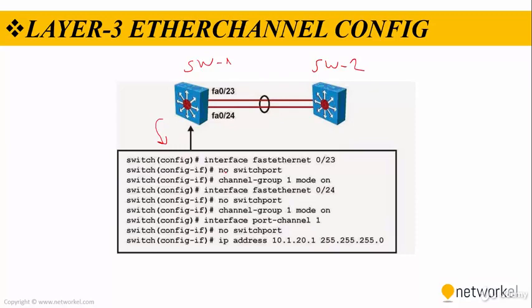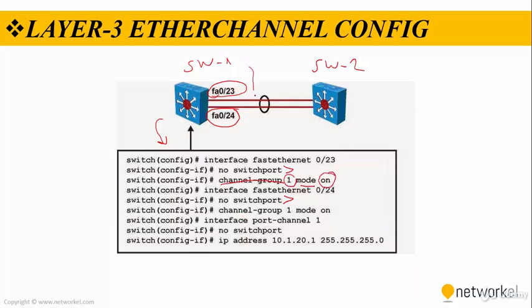In config mode, we are going under the interface FastEthernet 0/23 and 24 and typing no switchport, preparing it for IP routing. Then we are defining a channel group number and a channel group mode.